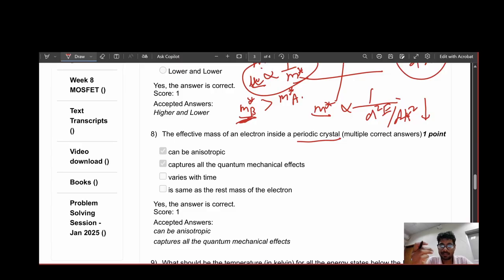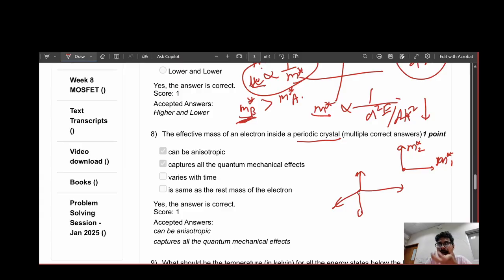Isotropic suggests that the effective mass is the same in all directions. In anisotropic terms, when an electron is moving in this direction there is a certain effective mass, let us say m star 1, and if it is moving in this direction, m star 2. This effective mass can be different in different directions because the electron will feel a different type of force.